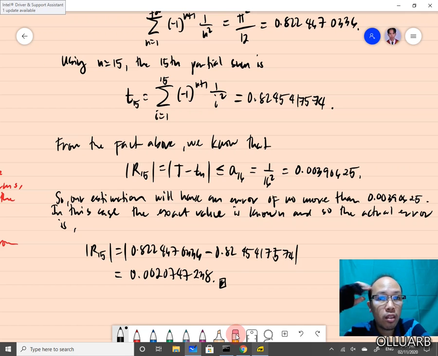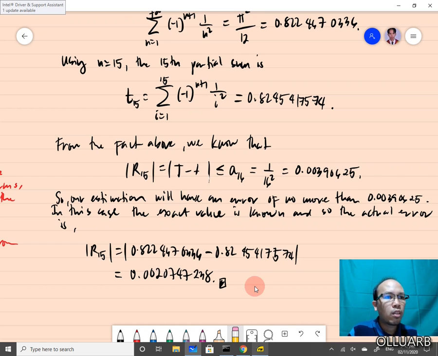Maybe after discussing the ratio test, we will use that test also to estimate the value of the given series. But for now, since we did not discuss the ratio test, we cannot use the ratio test as an estimation for the given series.